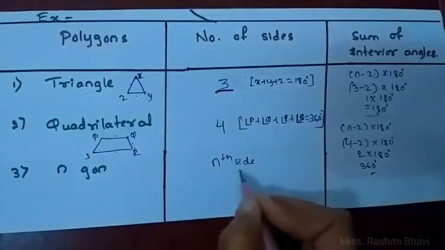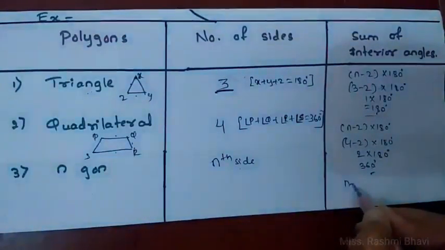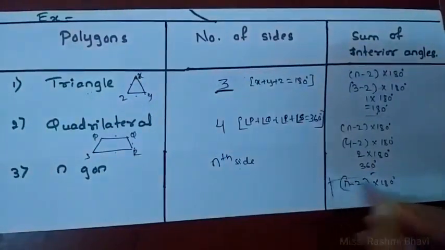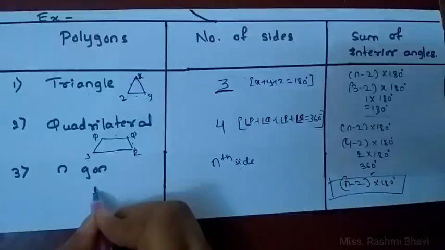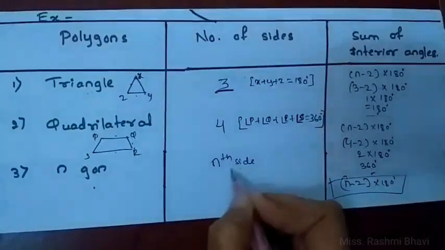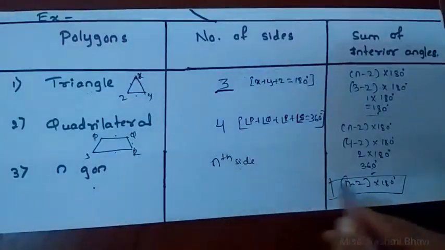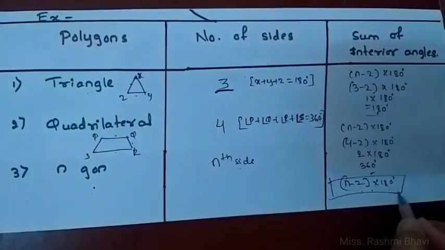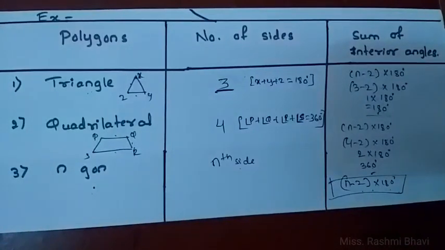The formula is n minus 2 into 180 degree. Here nth polygon is number of sides. So the number of sides can represent the n minus 2 into 180 degree. This is the concept of angle sum property of polygon of nth sides.